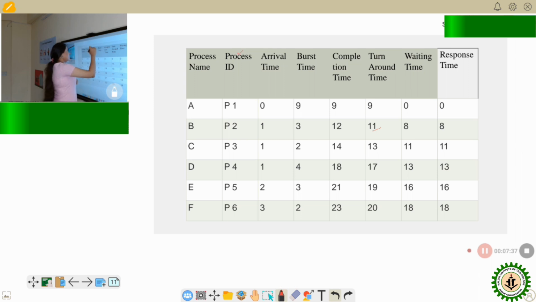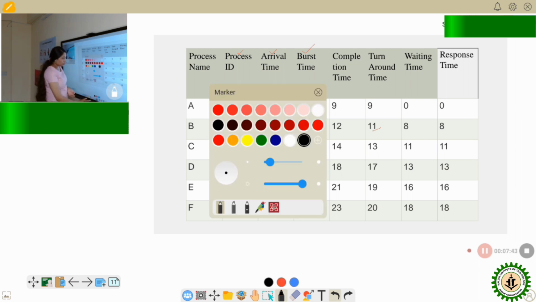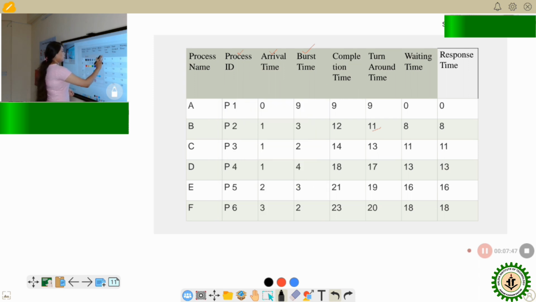These three will be given in your question. So you need to know first that you have to draw a Gantt chart.